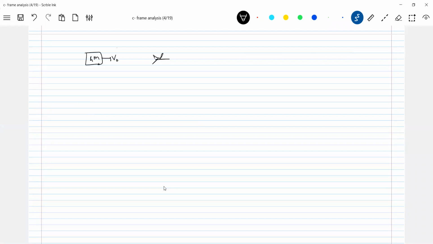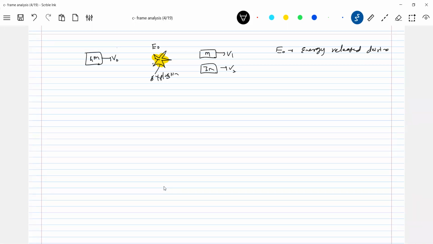Explosion occurs, and due to explosion, one will have mass m, the other will have 3m. Let the velocities be v1 and v2. And due to explosion, some energy will be released. Clear now? What is E0? E0 is the energy released during explosion.